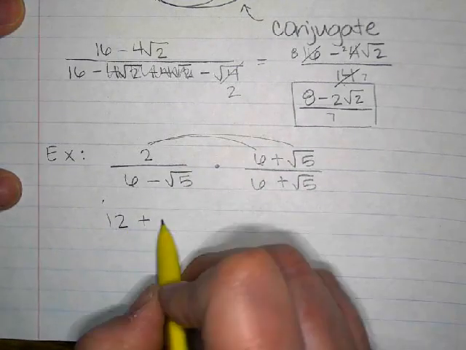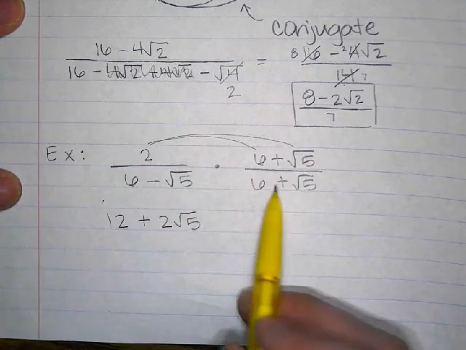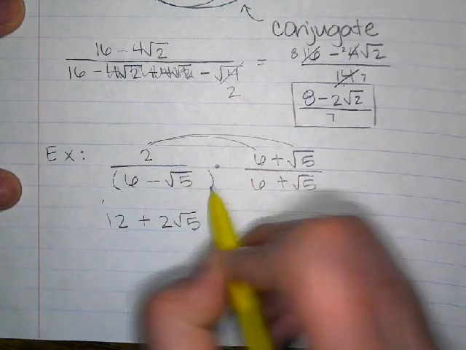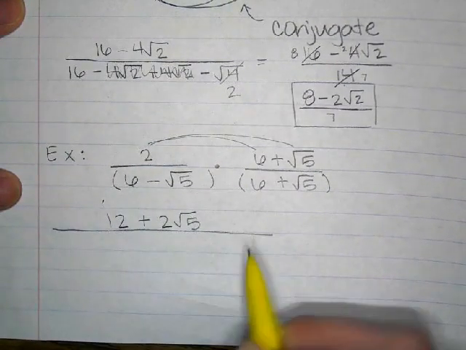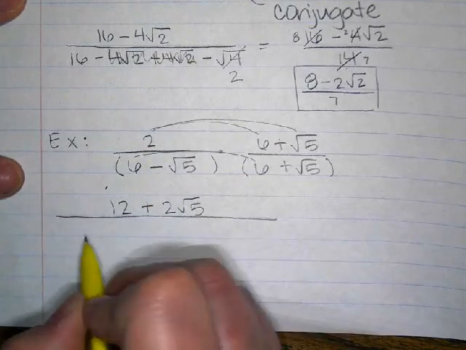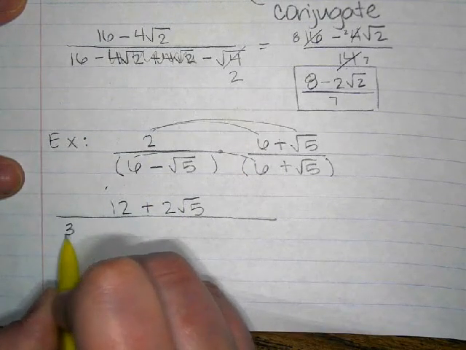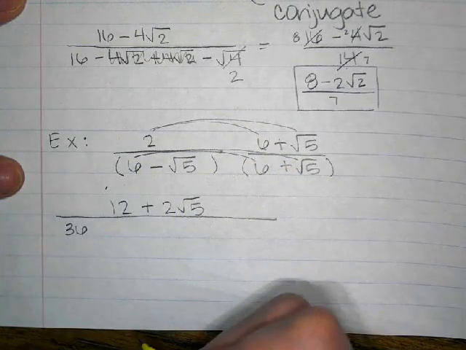Okay. And then when we multiply the bottom, we have to FOIL out the bottom. So on the bottom, we're going to get 6 times 6, 36. 6 times root 5, 6 root 5.